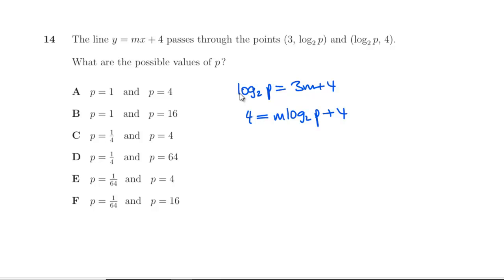Okay, the 4's cancel on the bottom one quite nicely. So we could have that m equals 0, or we could have that log base 2 of p equals 0. So that would be p is equal to 1. Or if m was 0, we've got log base 2 of p equals 4. So p's 2 to the 4, which is 16.